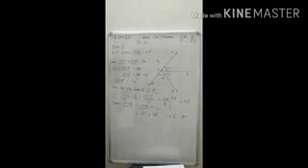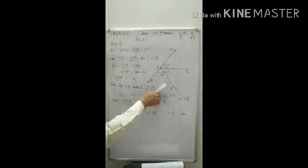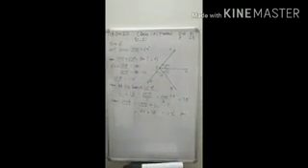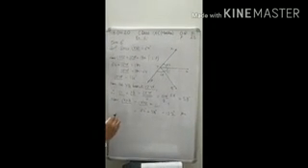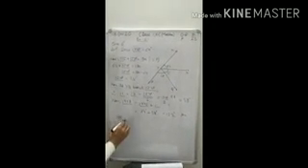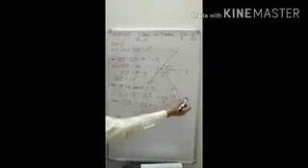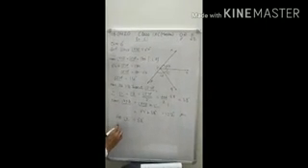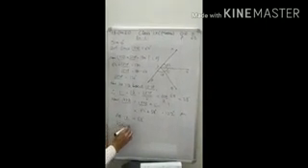Now in the same question, we have to find the reflex angle QYP. Angle QYP is angle 2, so we have to find the reflex angle 2. Angle 2 is 58 degrees. Yesterday I told you that if you have to find the reflex angle of any angle, you have to subtract it from 360 degrees.